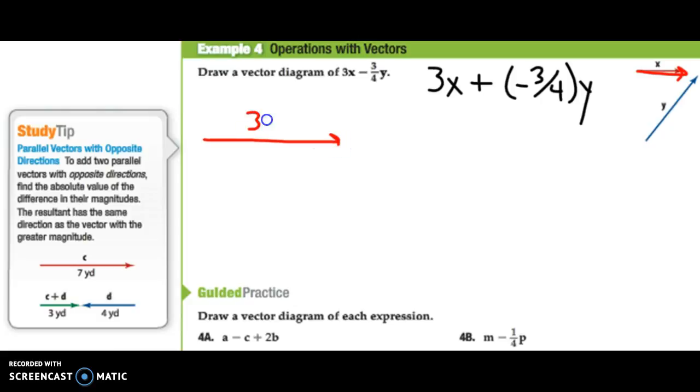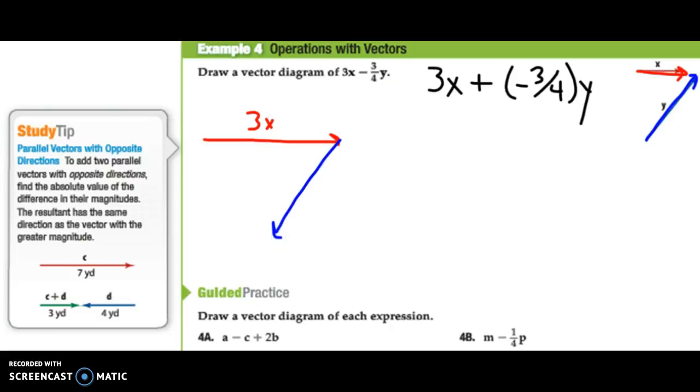So that's 3x right there. And then I'm going to have 3/4 y, and it's negative. If this is, let's say, 4 centimeters long, negative 3/4 would be 3 centimeters, and in the opposite direction.